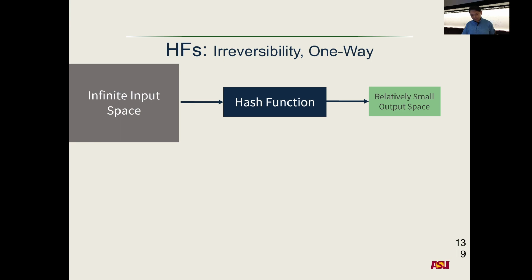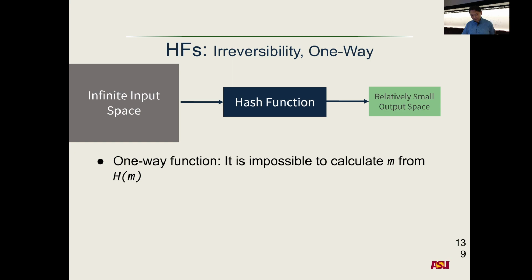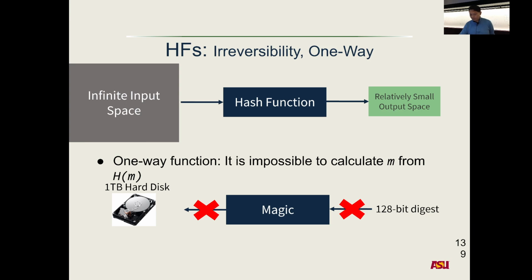A one-way function means it is impossible to calculate the message m from the output, the function of m. So you cannot figure out the original message based on the output hash value. We call that the one-way feature, or irreversibility.